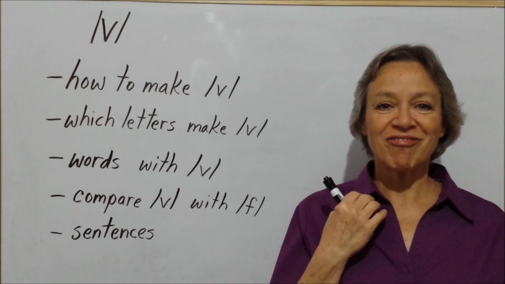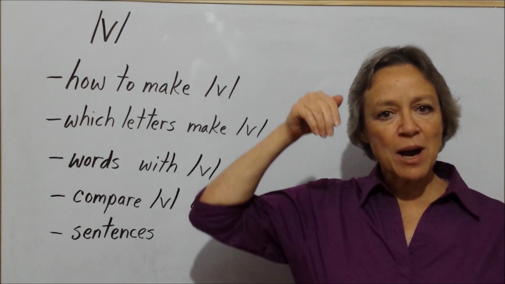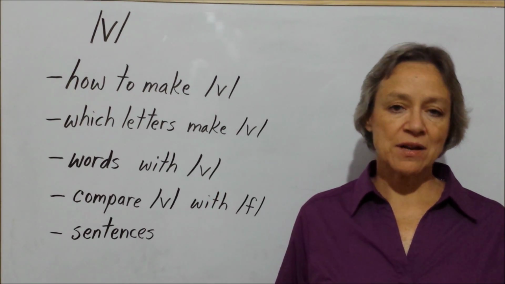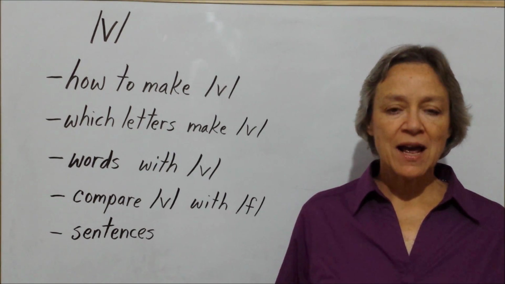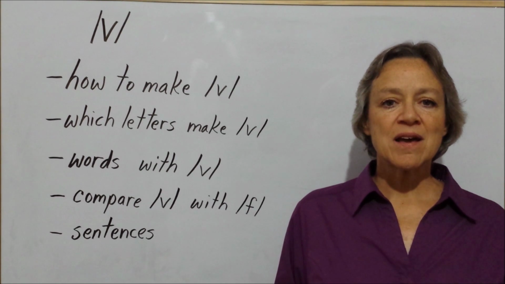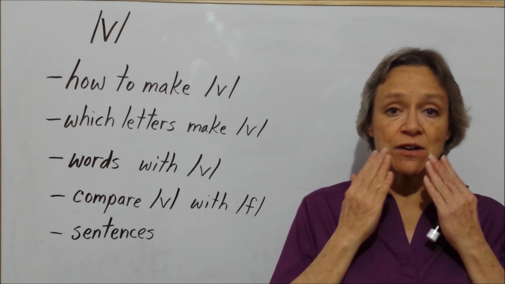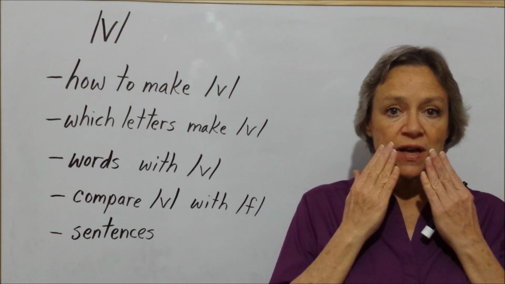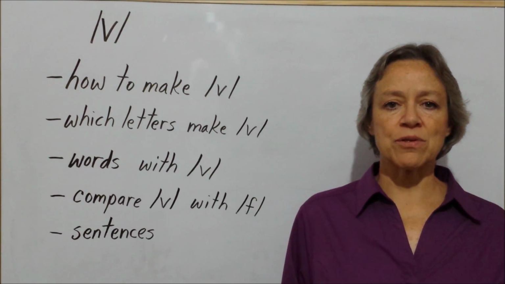Not like this, okay, not really far, but just dropping the teeth straight down onto the lip. Okay? When I do that, I then force air out of my mouth, and I can feel the air if I put my fingers here. It's not a lot of air, but a little bit of air does come out of the mouth.